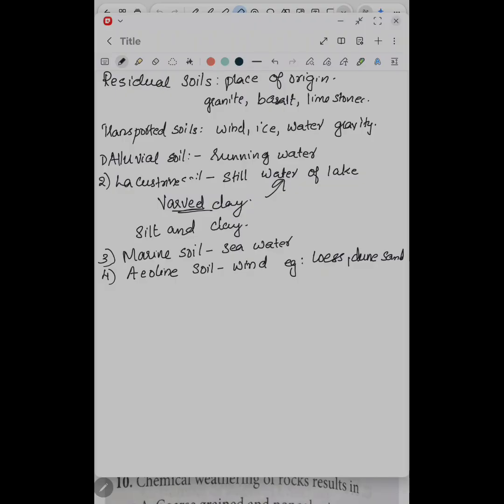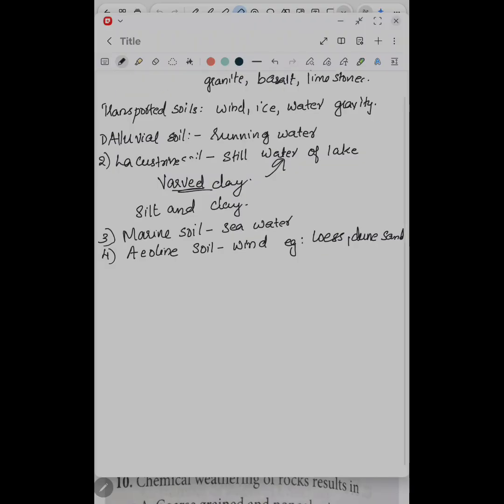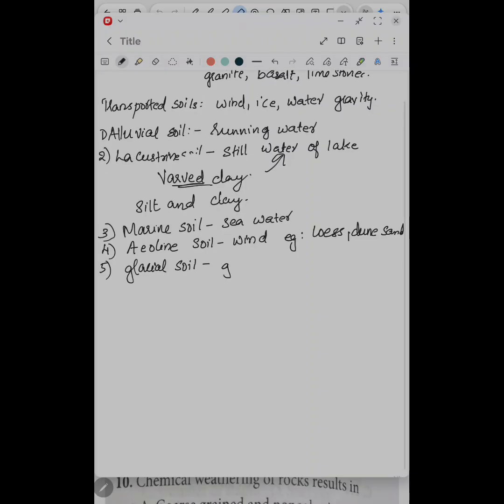The next one, the fifth one, is glacial soil. Glacial soil, this is by glaciers, either by ice or water issuing from the melting of glaciers.